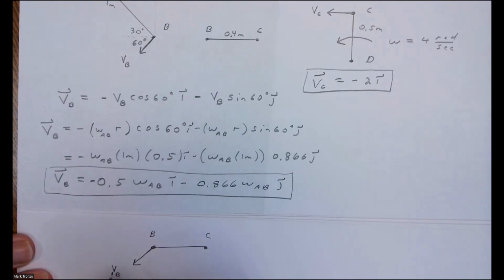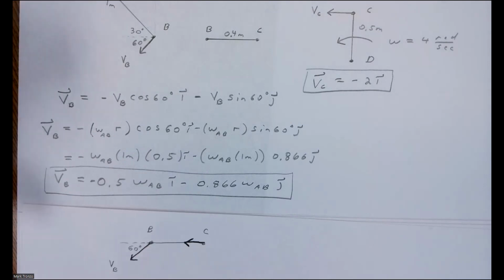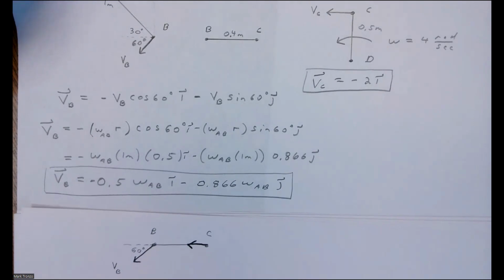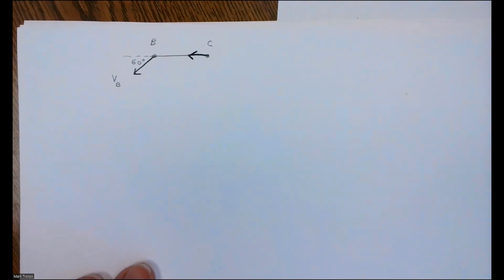And velocity of B. This is 60 degrees. And now we know that the velocity of C is going to look like this, and we know the velocity of B is going to look like that. Let me move these up a little bit.